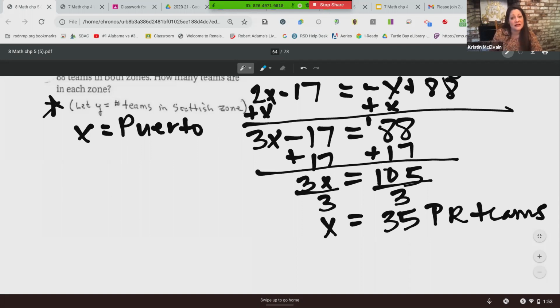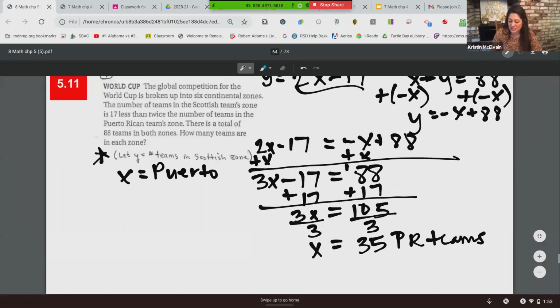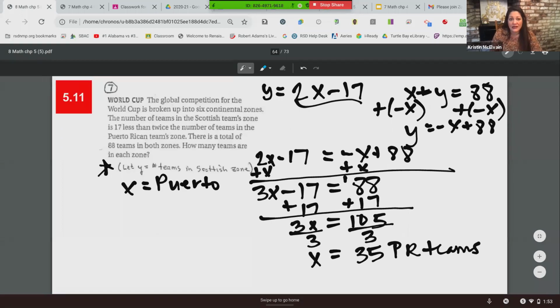So now we have to plug that into one of our original equations to figure out how many Scottish teams there are. I'm going to use the second one, because that is simply 88 minus 35.